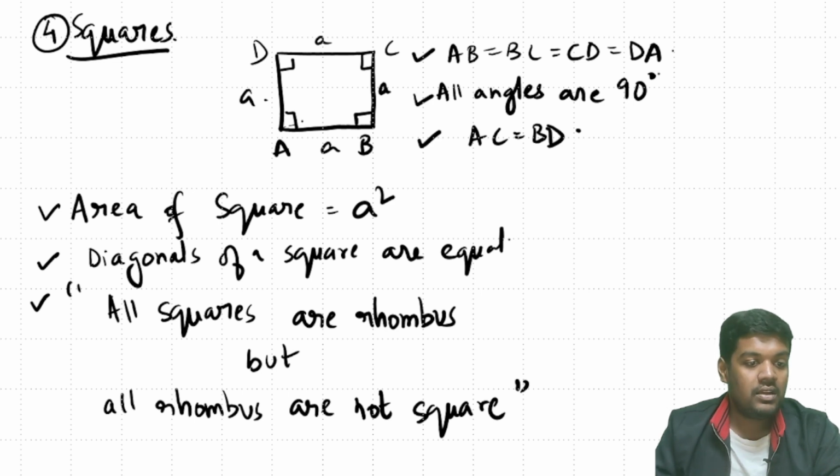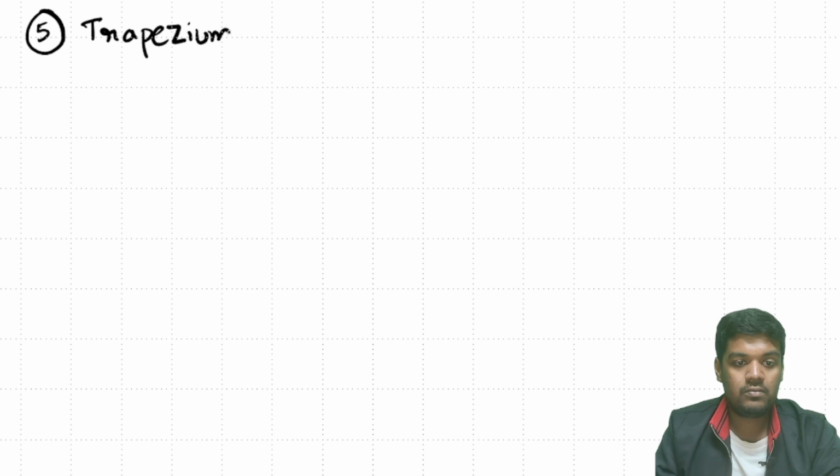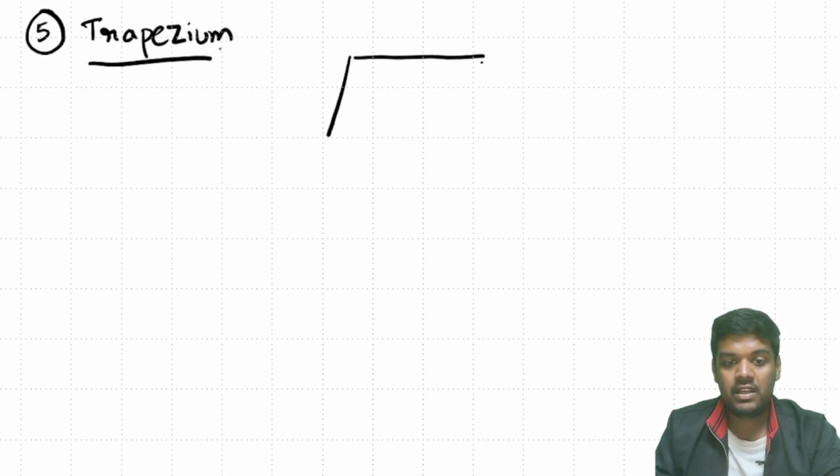Right. Now let's move on to the last quadrilateral, which is a trapezium. So trapezium looks something like this, where only one pair of sides are parallel to each other.